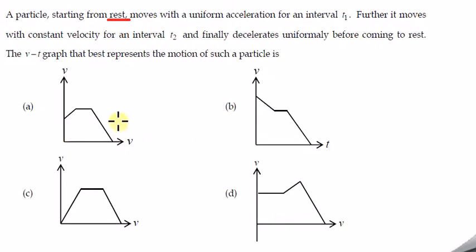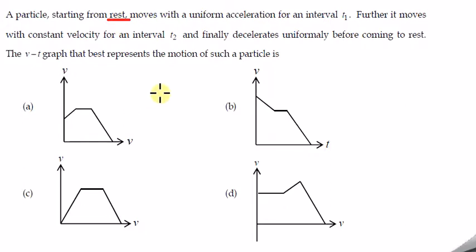If you see the first option, the graph is not starting from the origin, it has already started. Here also the graph is not starting from the origin. In option D also it is not starting from the origin, and the only option starting from rest, that is from the origin, is option C. So you can easily click on option C. This is the shortest, simplest and trickiest method to solve this question.